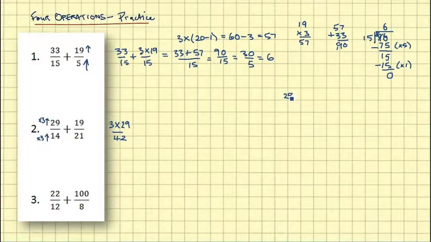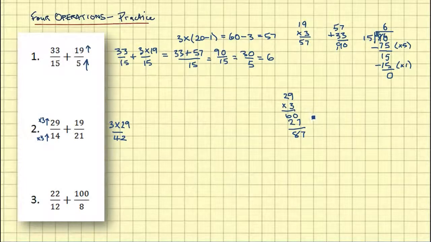So I'm going to go over to one side here again. So we've got 3 times 29, and we'll try a different method. If we go left to right, we've got 3 times 20, that's 60. We've got 3 times 9 is 27.